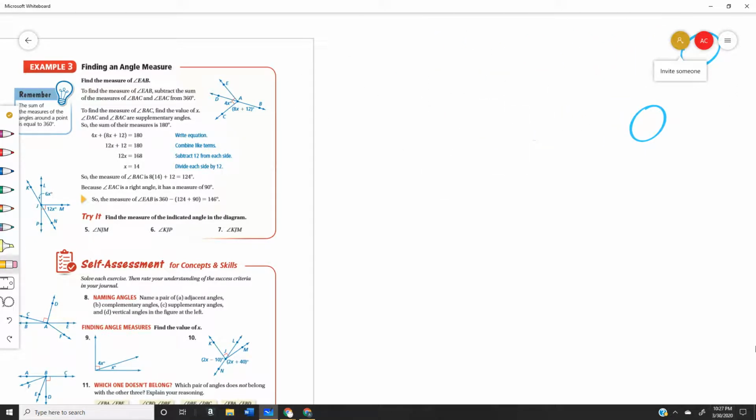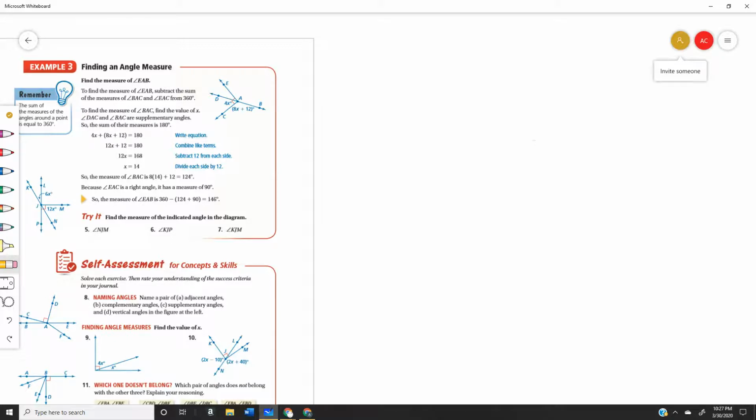All right, erase now. So let's go ahead and look at example 3. In example 3, we have a lot of missing information, so we're going to use everything that we know.